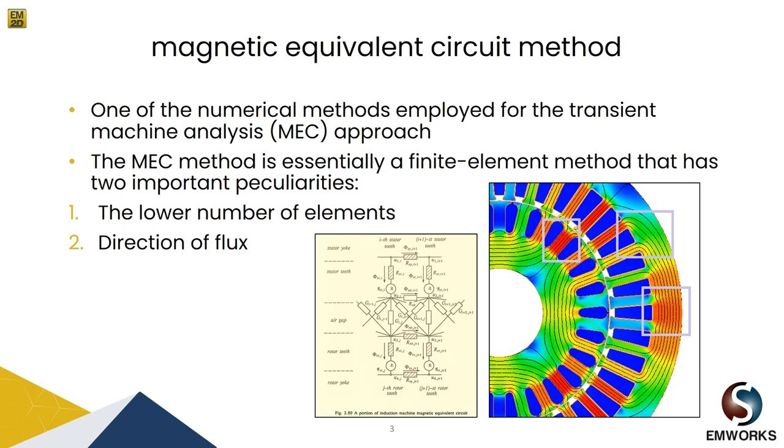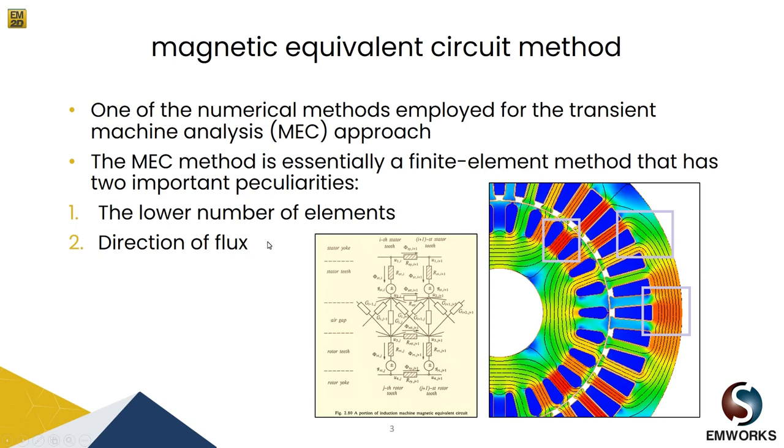But in the magnetic equivalence circuit method, the number of mesh elements is lower, right? However, the magnetic equivalence circuit method is similar to the finite element method, but we have two important differences. The first one is the lower number of elements, and the second one is directional flux, right?